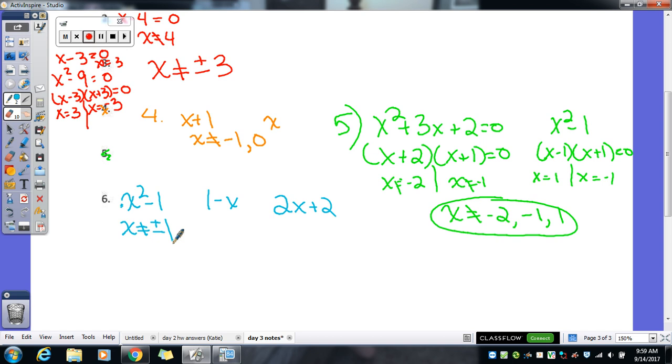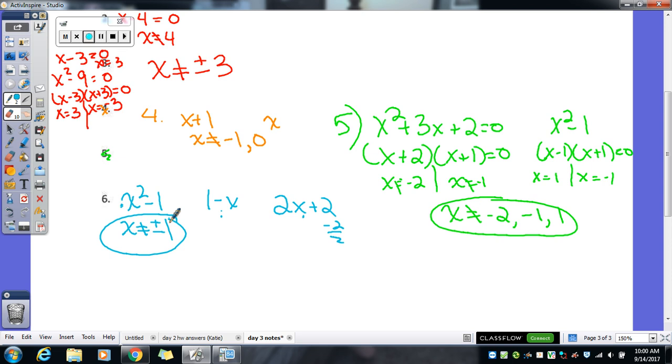That's what happens a lot, is when you keep doing these over and over again, you kind of be able to memorize them. What could x not be here? 1. Okay, I already got that one written. What could x not be here? Nope. Negative 1. Remember, you would subtract your 2, divide by 2, you would get negative 1 again. So our restrictions for number 6 is that x cannot be 1 or negative 1.